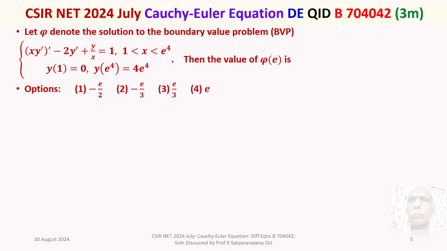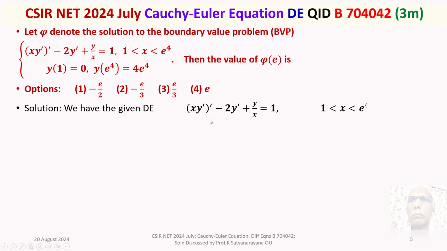Right. Let's now discuss the solution of the problem in detail. We have the given differential equation (x y')' minus 2y' plus y by x is equal to 1, where prime denotes differentiation with respect to x, and 1 less than x less than e to the power 4.